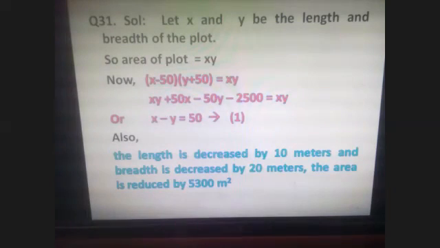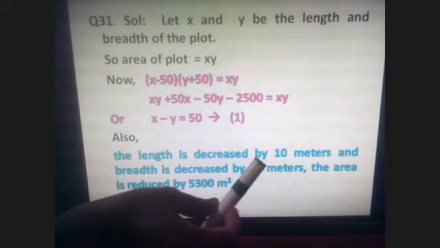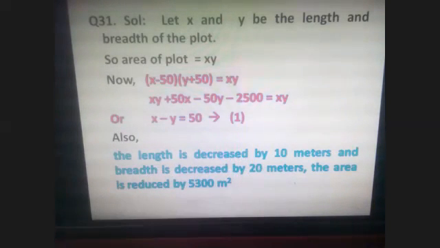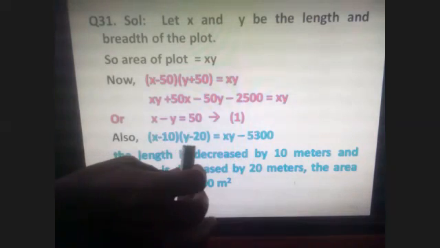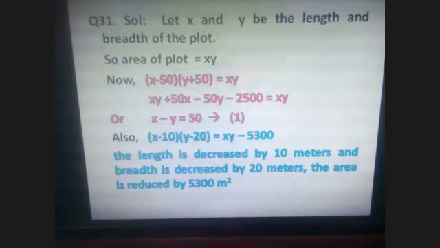We have the length decreased by 10 meters and the breadth decreased by 20 meters. Area is reduced by 5,300 square meters. That is x minus 10 into y minus 20 equal to xy minus 5,300.